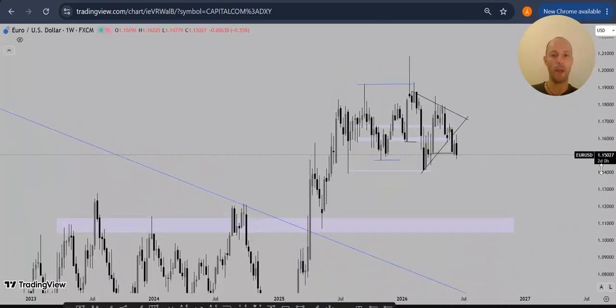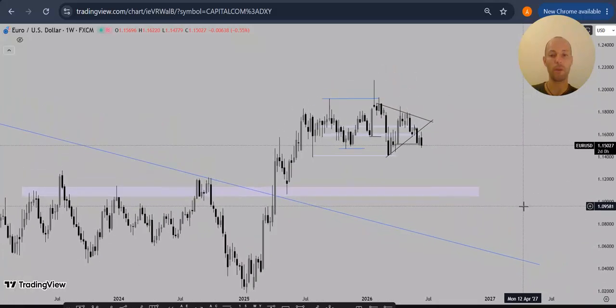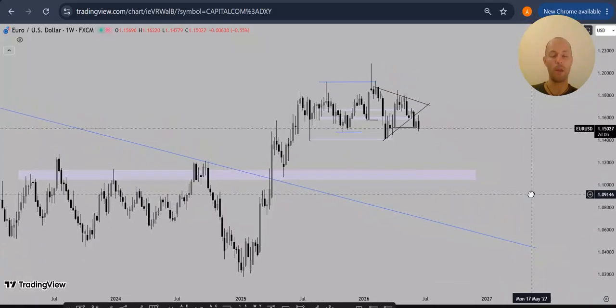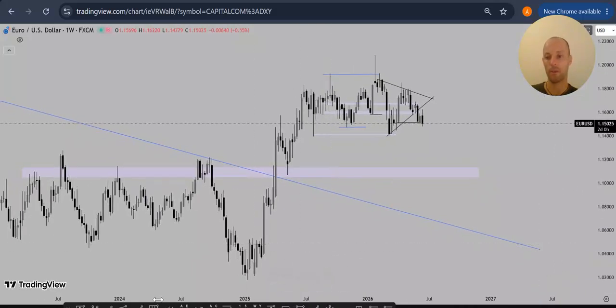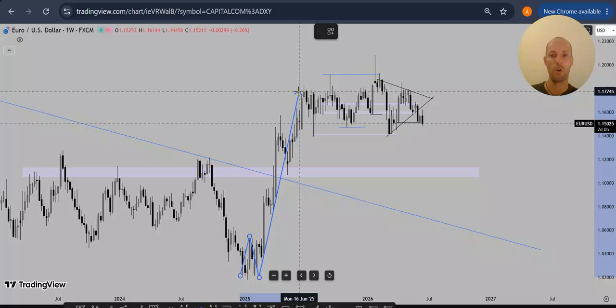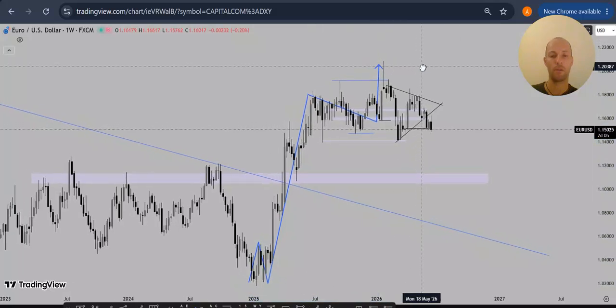Well, I also use Elliott waves. I don't want to overcomplicate things, but here the scenario is quite clear. So I'm going to do that here. Here we have wave 1, wave 2, wave 3, which is normally the longest one, wave 4 and wave 5.